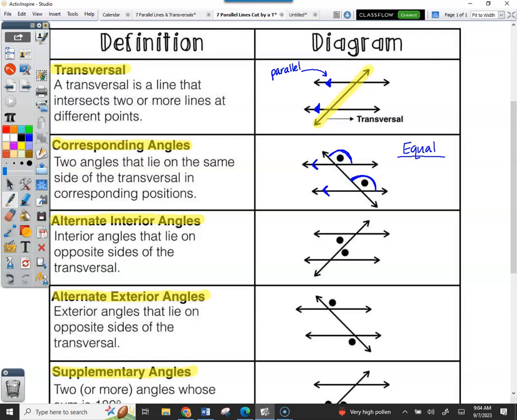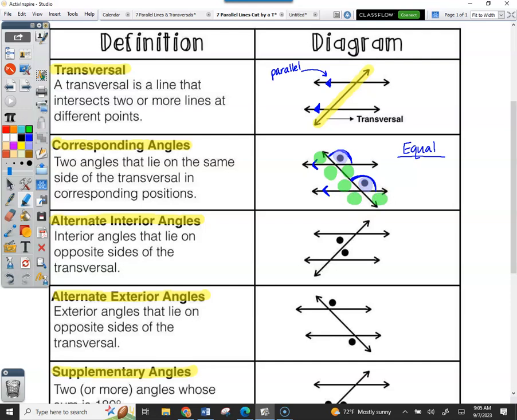When I say same position, here's what I mean. Do you notice how there's 4 angles formed by this line intersecting the transversal? You have 1, 2, 3, 4. You see that? And then come down here. This line intersecting the transversal. You have 1, 2, 3, 4.